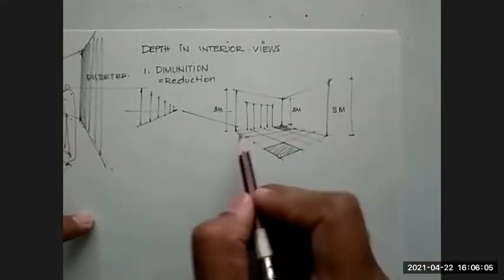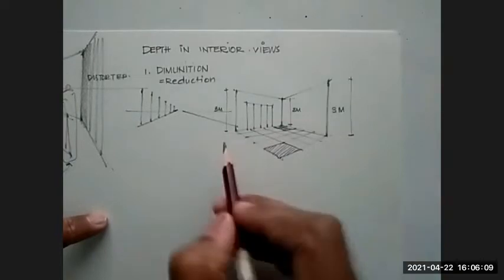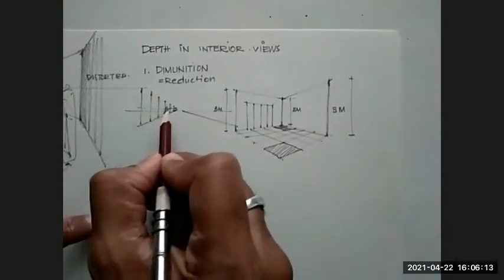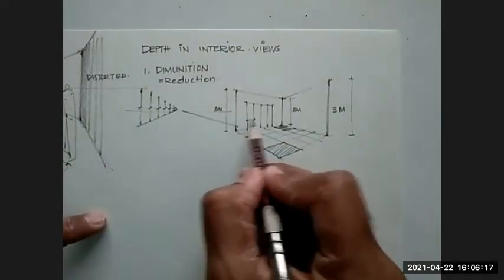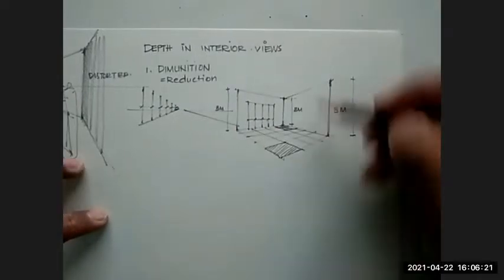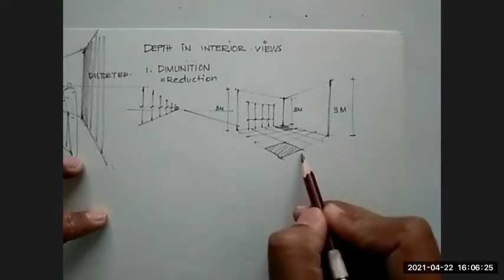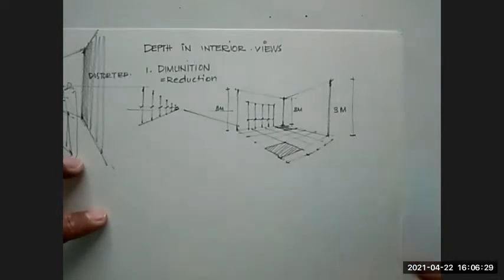Now the reduction is happening in the height lines. The reduction is also happening in the gaps. So now you observe the gap here. The gap of this and this are all different. Similarly, if I want to divide this, you can consider this also. This gap is bigger than this, and then it starts reducing.